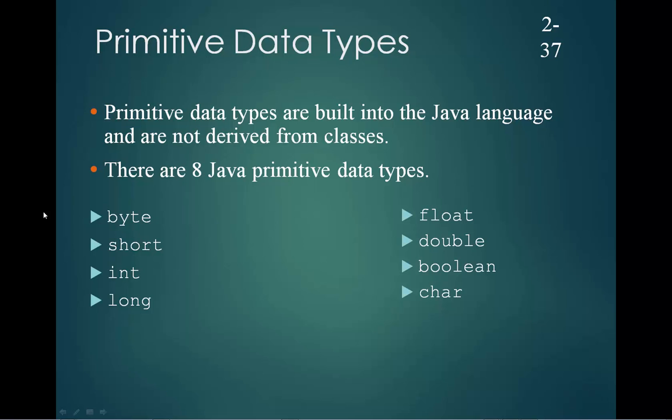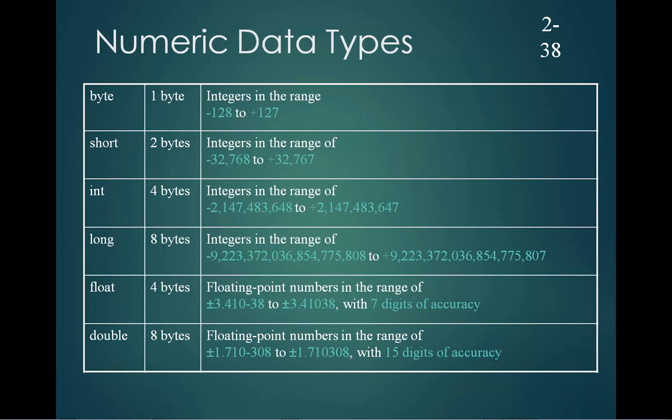Here's a review of the primitive data types that are in the chapter. Okay, the ones we're going to be working most often with are int and double, boolean, and char, but you'll see a description of all of them in the book, and you can ask about any of them in class.